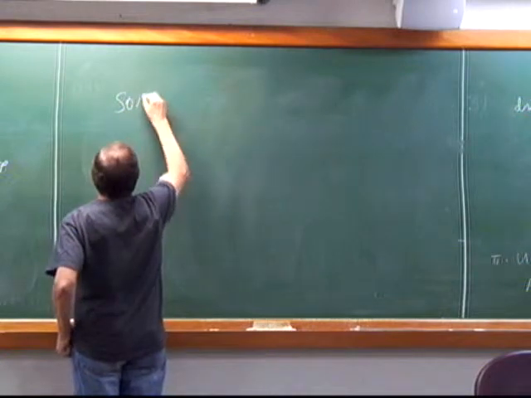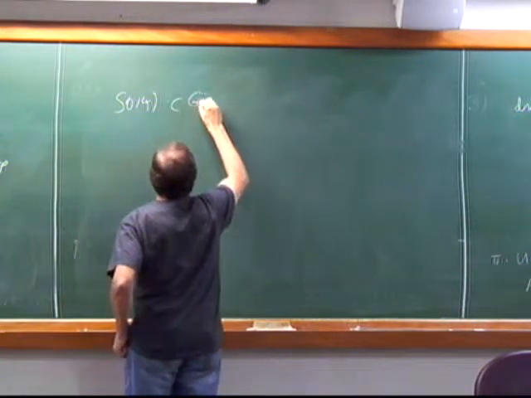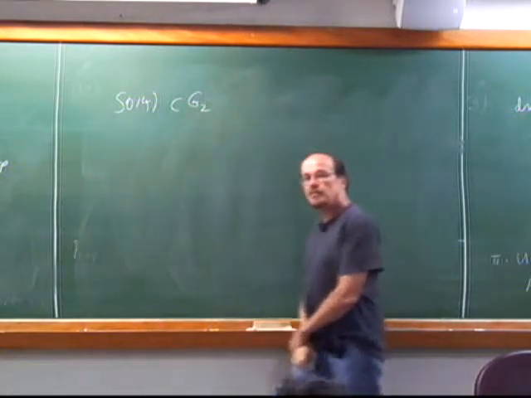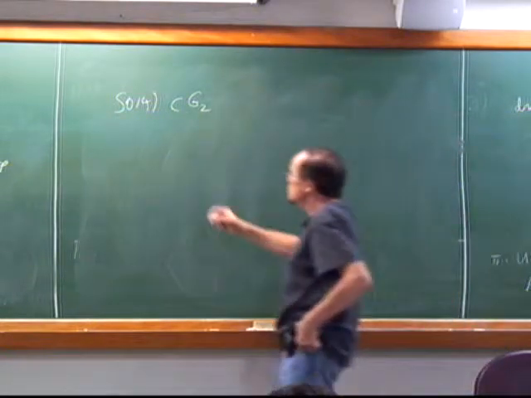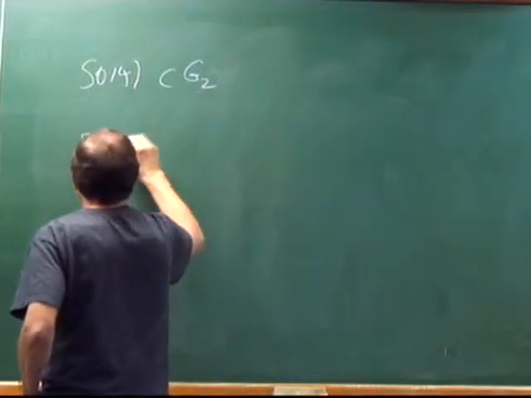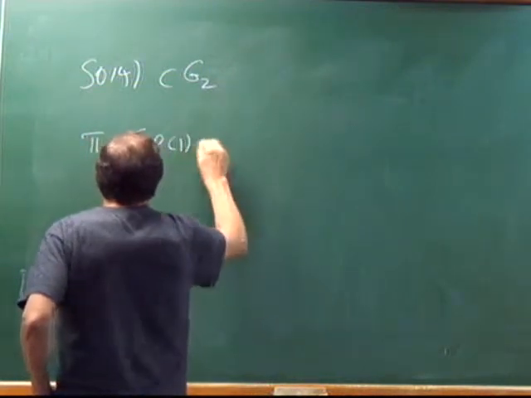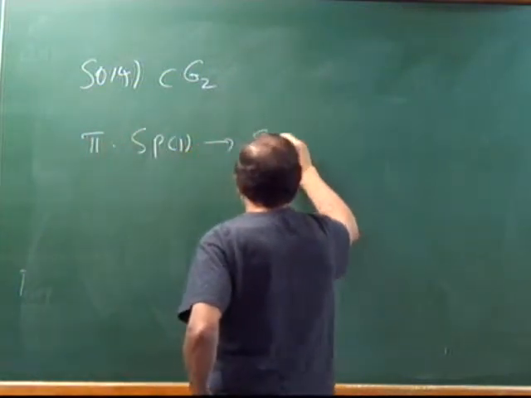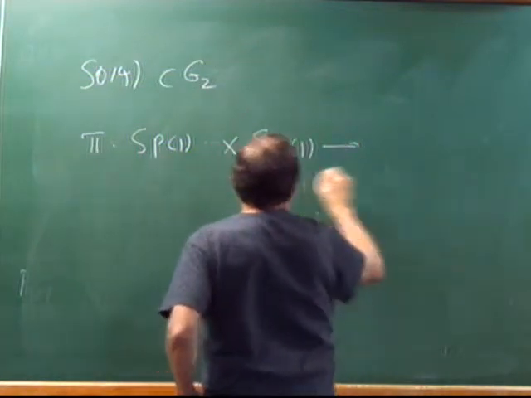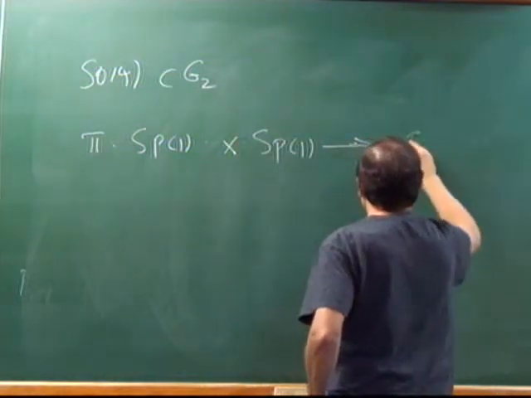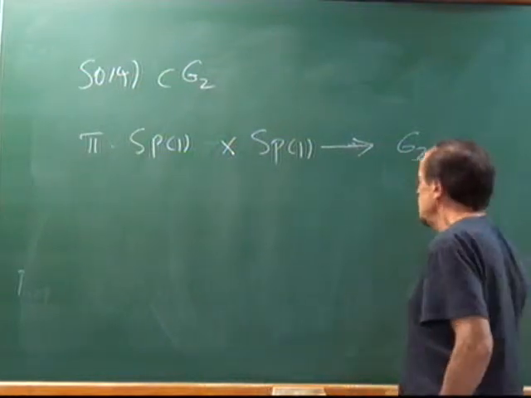So I claim SO4 is a subgroup of G2, so I have to construct automorphisms of Cayley numbers for each element in SO4. So let's do the following. Let's define a map from Sp1 cross Sp1 into G2, which goes as follows.